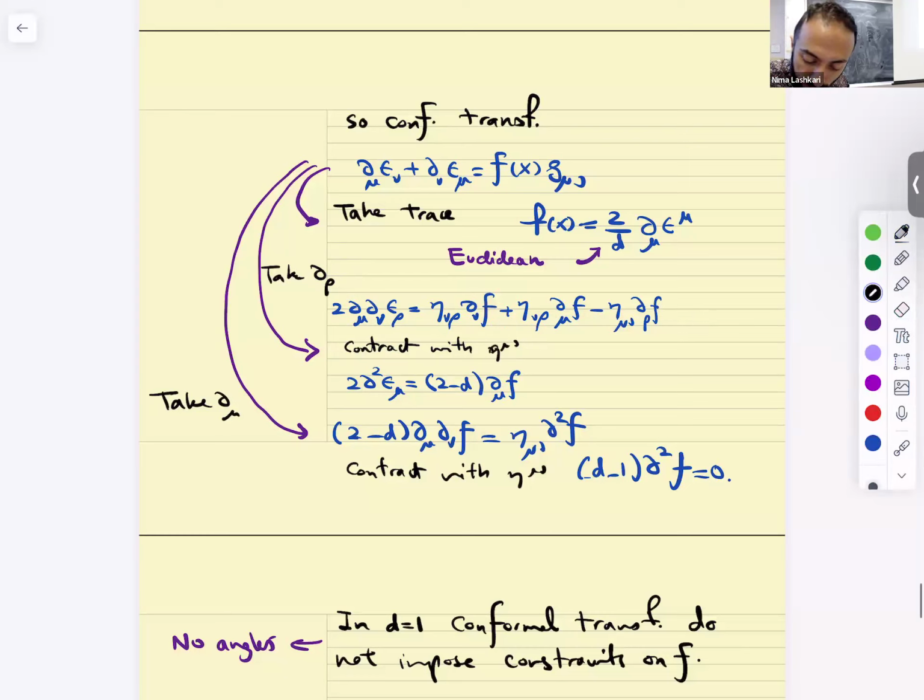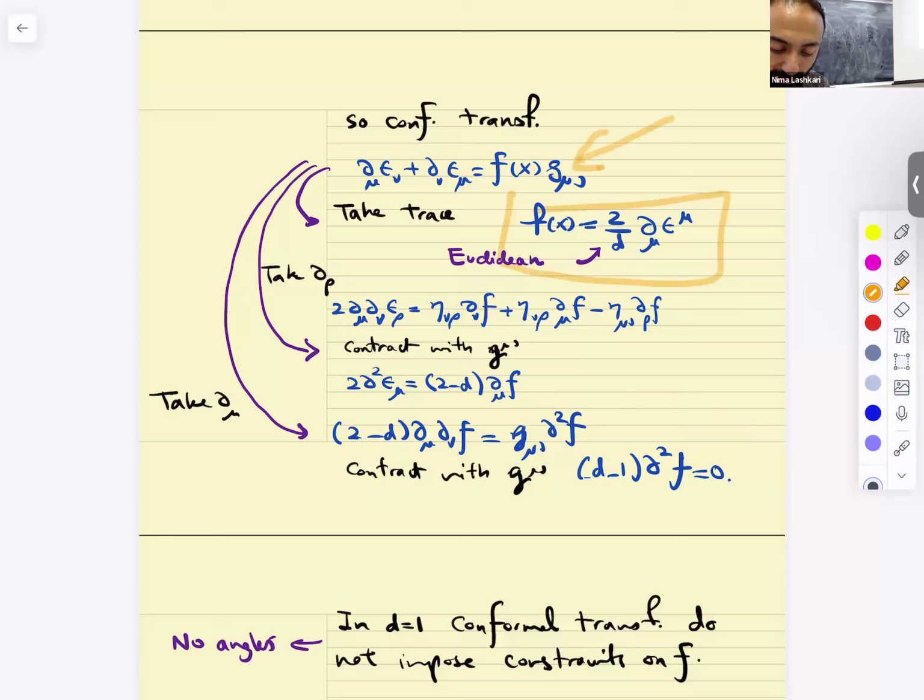Contract with g, and you're going to get this relation. Finally, take this and take a derivative with respect to ∂_μ, and you're going to get these relations. Contract with, oh my God, I keep switching, g_μν, and you're going to get this relation. So here are the relations you need to keep in mind.